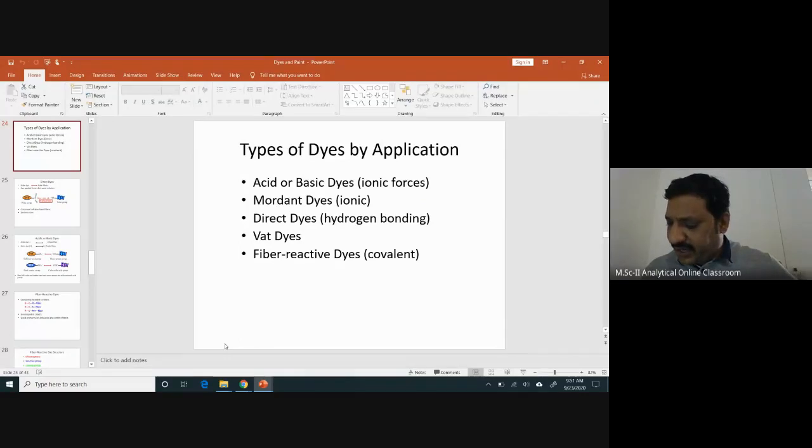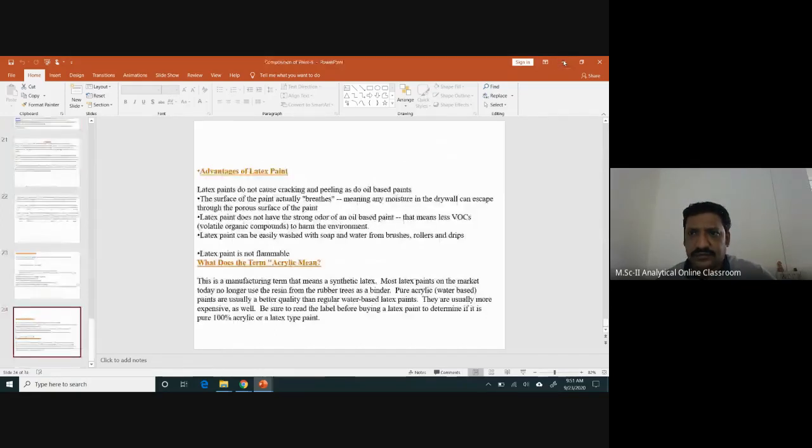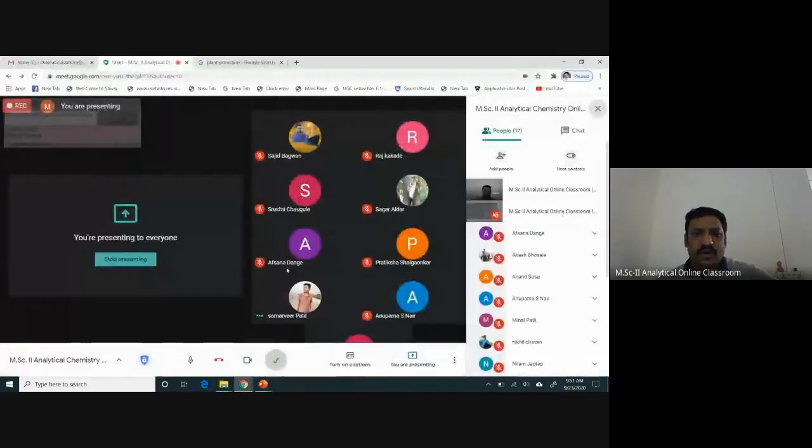D1, types of dyes by application. Types of dyes by application. Okay, all of you write it.